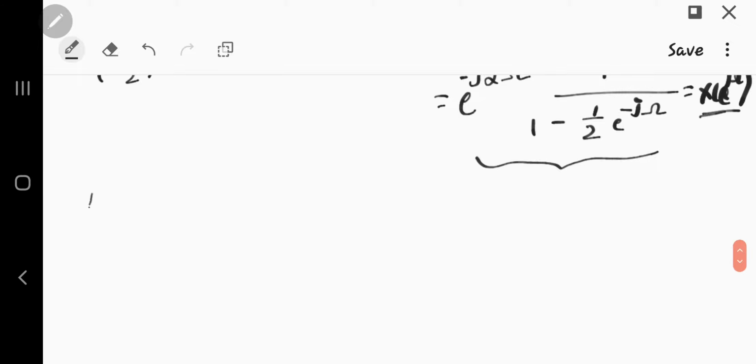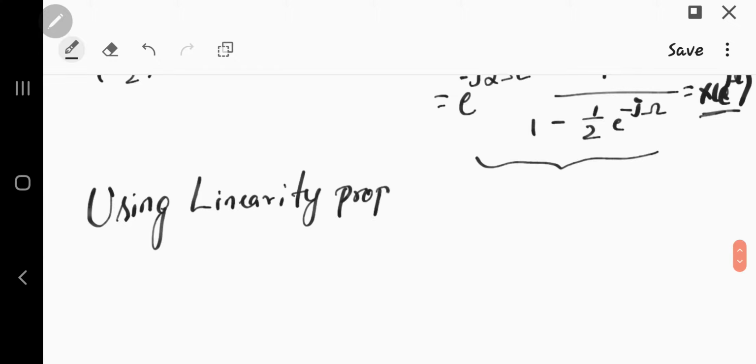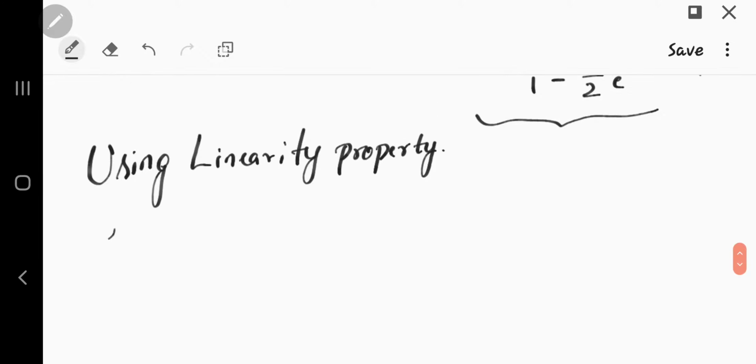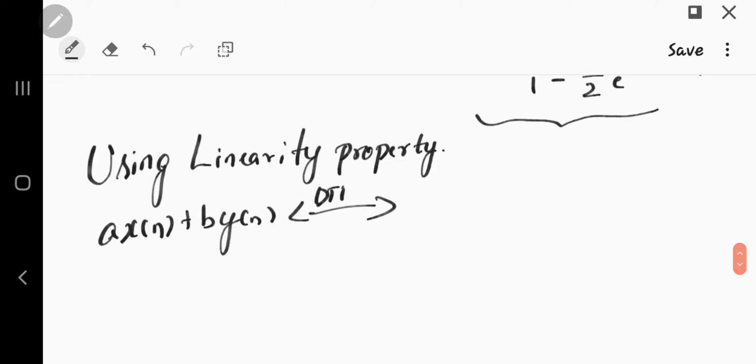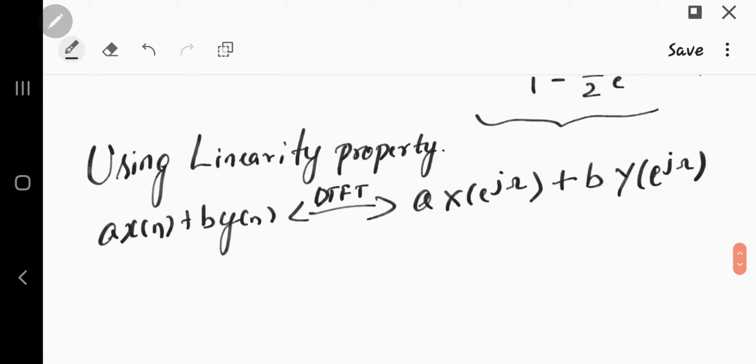We have the linearity property. It says a x of n plus b y of n. If you apply this, you should get a x of e power j omega plus b y of e power j omega. Just for remembrance, I am writing this.